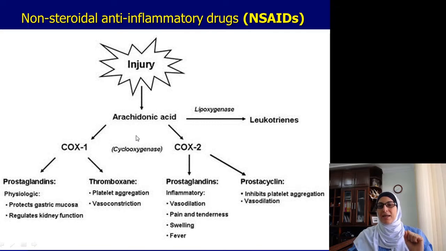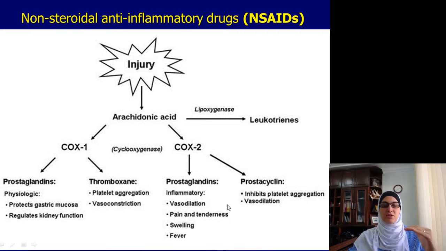So when we do prescribe NSAIDs, although you get this beneficial effect that would reduce the inflammation, vasodilation, pain, swelling, and fever, it will also reduce the protection of the gastric mucosa and the kidney. Regarding the platelet effects and the thrombus formation effect, it will block both thromboxane and prostacyclin.